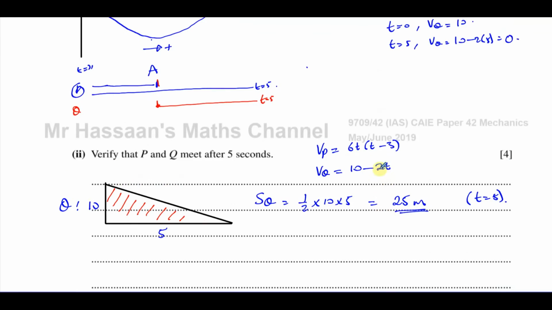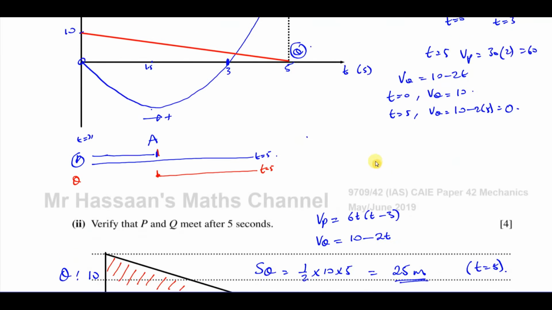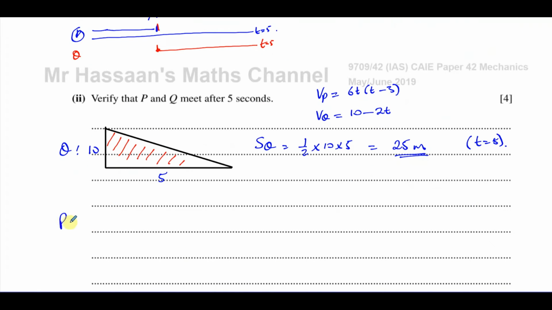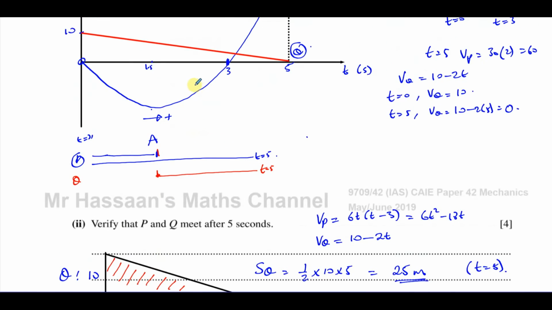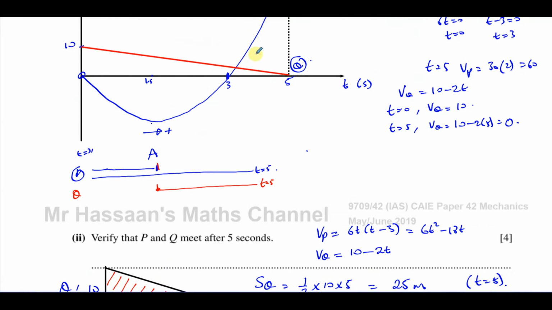Now, as for P, we have to integrate between 0 and 5 the expression, which I'm going to write in its expanded form so that it's easy to integrate. It's 6t squared minus 18t with respect to t. We integrate between 0 and 5 without considering the fact that it touches the x-axis and there's a negative and positive area.